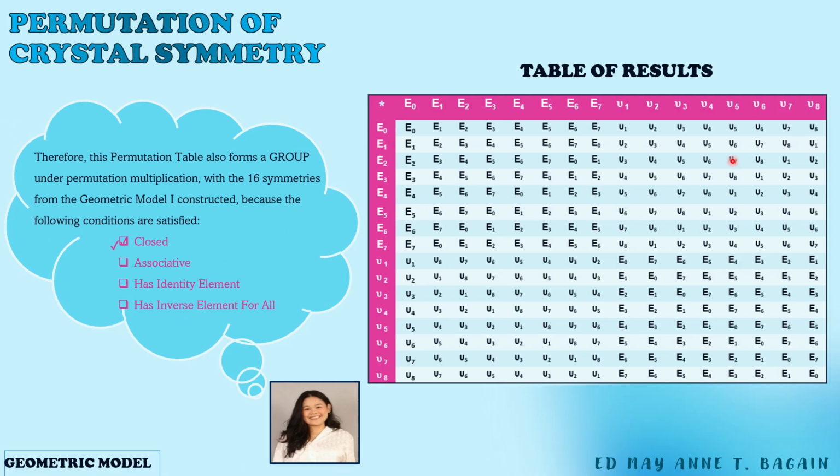Next, it is associative because after flipping the table 180 degrees and interchanging some rows, it resulted in the original table. And correct, it has an identity element e sub 0. And last, it has inverse element for all because e sub 0 can be seen all throughout this table.